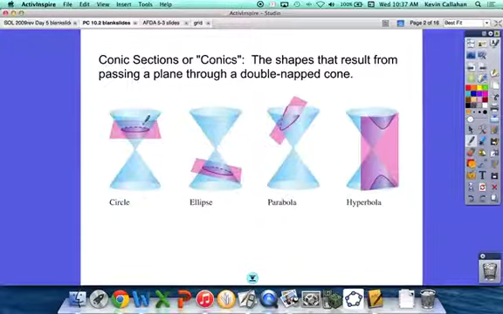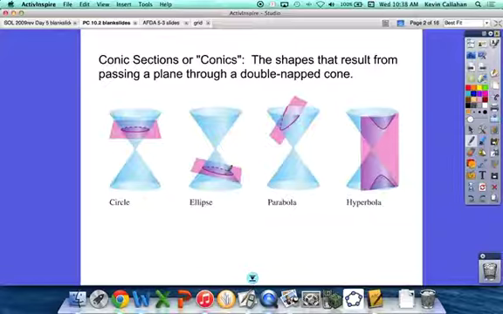If it's tilted just a little bit, it's an ellipse, meaning it'll be longer in one direction than the other. If it's tilted so that it's parallel with the side of the cone, that's a parabola. And if it's straight up and down, then that will be two shapes that kind of look like parabolas, but you put them together, that's a hyperbola.